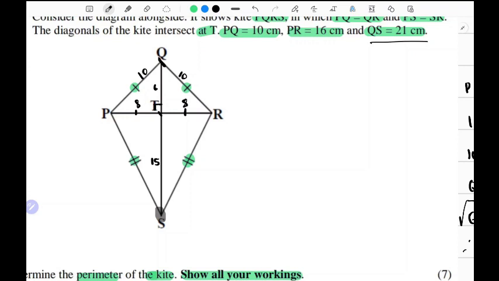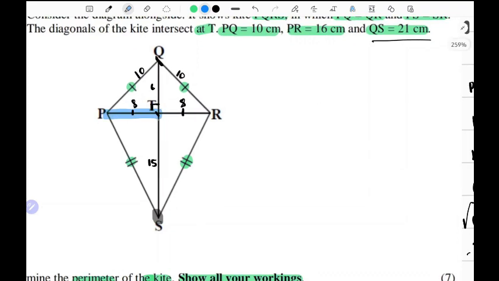So now we can once again apply Pythagoras theorem, because we have PT, we have TS, and we know the diagonals. The long diagonal bisects the short diagonal at 90 degrees.